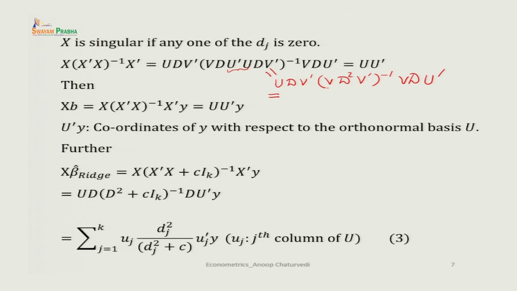Now, V is a k by k matrix, so it is a non-singular matrix, a square matrix also. So, we take U D V transpose, then we have V transpose inverse, and since V is an orthogonal matrix, V transpose inverse is equal to V. Then you have D to the power minus 2, then V transpose, then again we have V D U transpose.